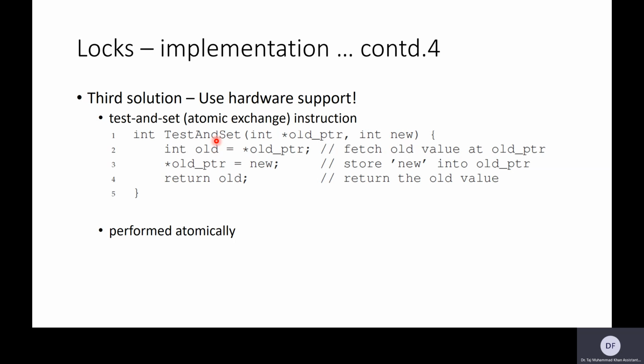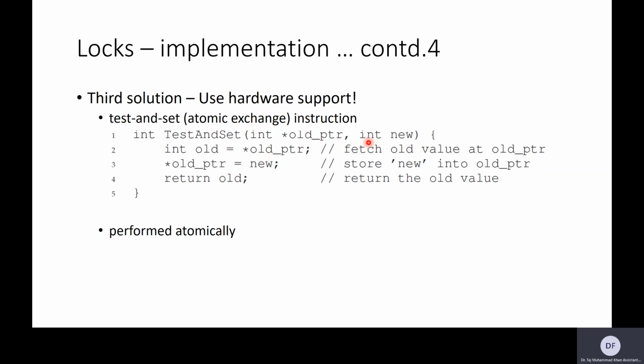So when this instruction is executed, it is executed atomically, which means either it is executed successfully or it is not executed at all. If it is executed successfully, that would mean after its execution, the new value would have been written at this address, and the old value would have been returned to us. It cannot be interrupted in the middle. It's an assembly level instruction. It is executed atomically, either completely or none at all.